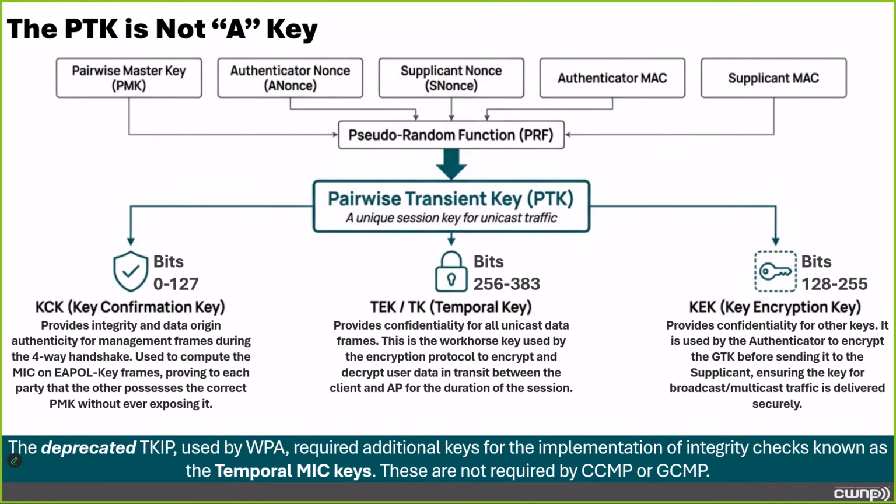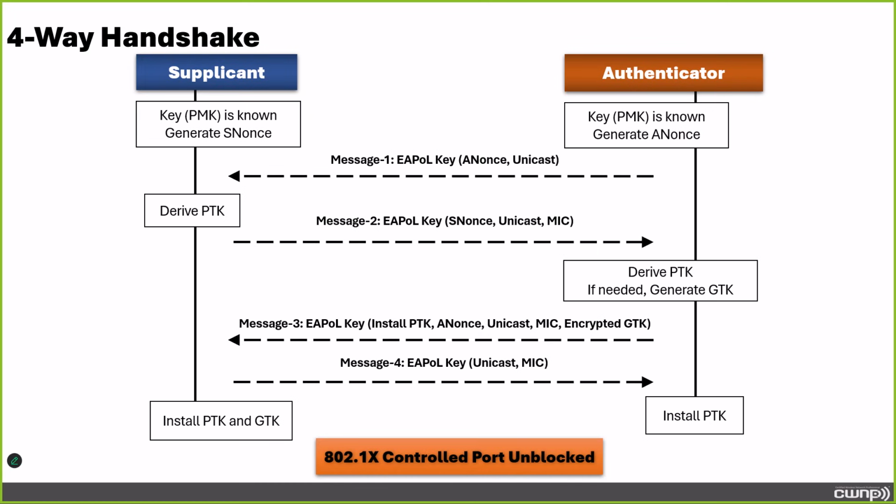Now, where does this PTK come from? It comes out of the four-way handshake. So basically, the four-way handshake, remember, this happens after 802.1x EAP, or it starts immediately if we're using pre-shared key. Or if you're using WPA3, it happens after the SAE Dragonfly handshake.